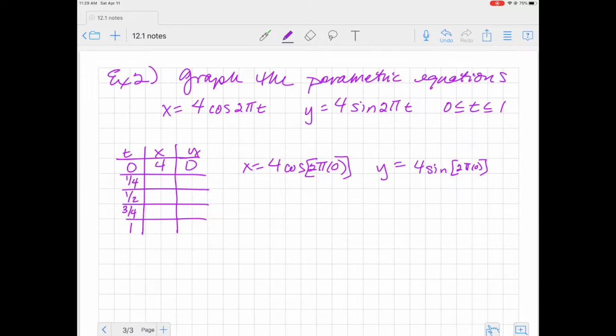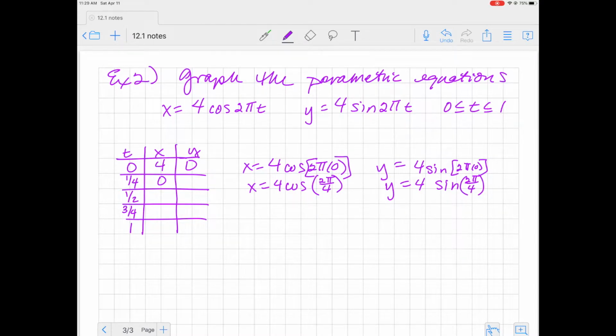All right. X is equal to 4 times the cosine here of 2 pi divided by 4. So 2 pi divided by 4 is pi over 2. So that cosine is 0. Y is equal to 4 times the sine of 2 pi over 4.